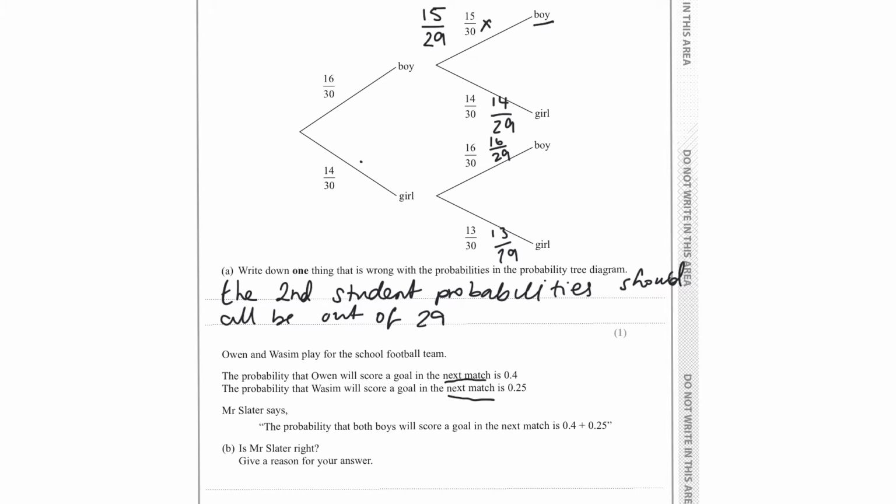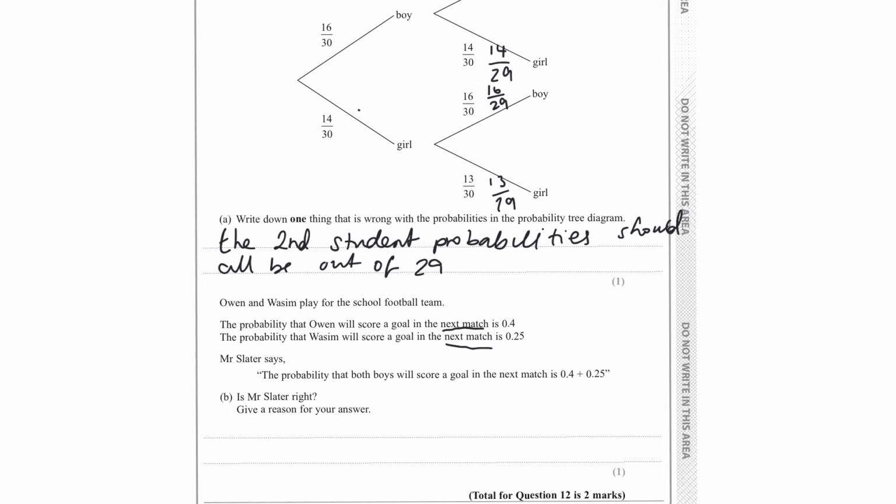And so because of that, you wouldn't add them together, you would multiply them together, because Mr. Slater is basically working out the probability of them both scoring at the next match. So because that probability is both occurring at the same time, you would multiply them together. And if you were to put that all into your calculator, you would get 0.01. So is he right?